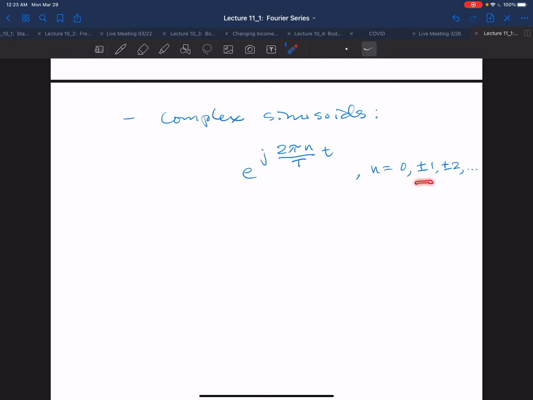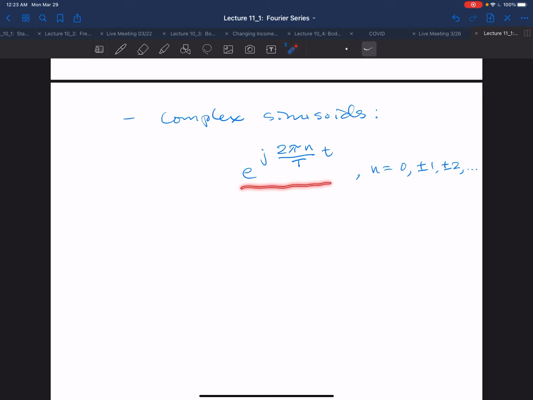If n is 1, for instance, then this sinusoid itself has period capital T. Its frequency in hertz or cycles per second will be 1 over T, and we convert that frequency in cycles per second into an angular frequency by multiplying by 2 pi radians per cycle, and that gives us a frequency in radians per second of 2 pi over T for the case where n equals 1.